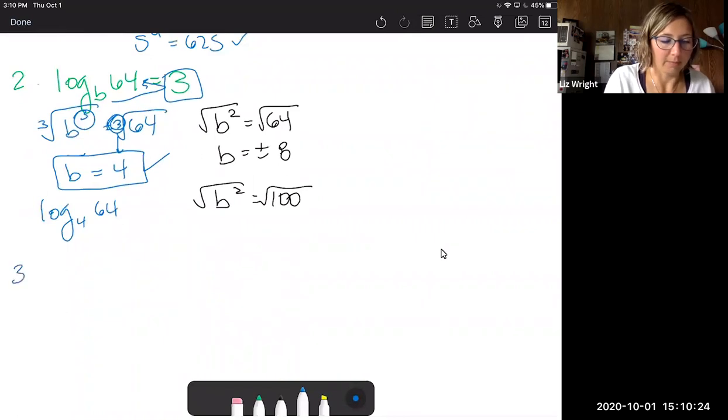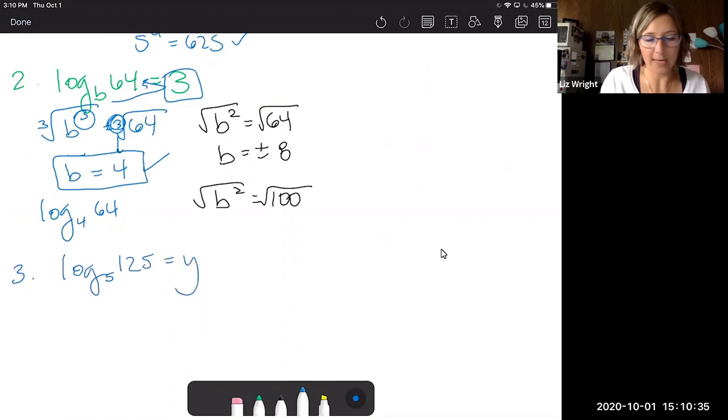Number 3 is log base 5 of 125 equals y. Again, on this one, if you want to, you can do some guess and check. Some of you might already know that's 5 to the 3rd, because 5 to the 3rd is going to give me 125. You can do 5 to the y equals 125.